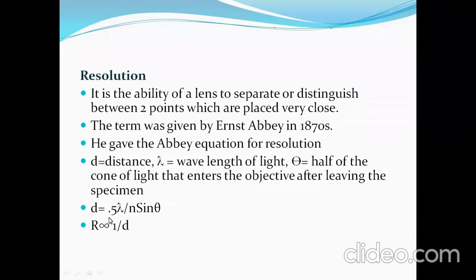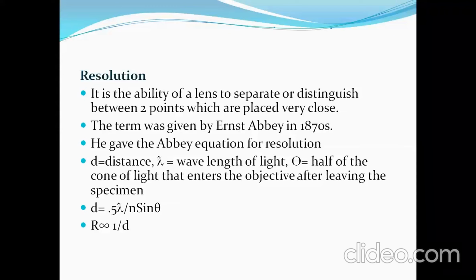Okay, so lambda is inversely proportional to R, whereas R is directly proportional to n sin theta. Is it clear? So as the R is inversely proportional to lambda or the wavelength of light, we can say that the resolution increases with decreased wavelength of light. So if we are using lower wavelength of light, we can have a better resolved image.